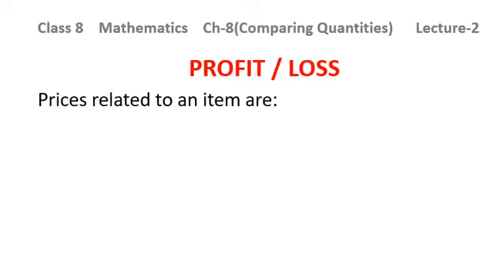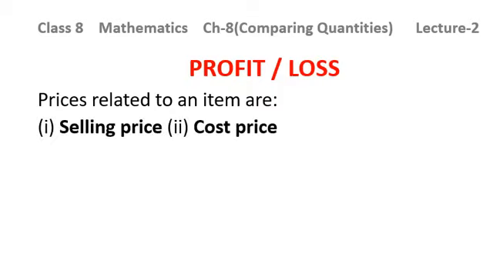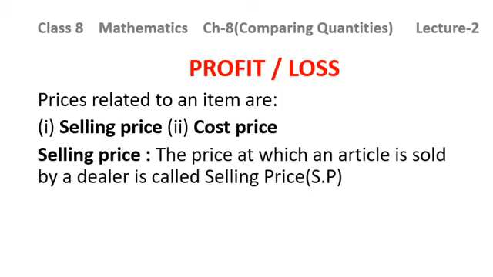Children, there are basically two prices related to an item: selling price and cost price. Whenever you go to a shop, you and the shopkeeper are both dealing with these two types of prices. Now let us see what selling price is.